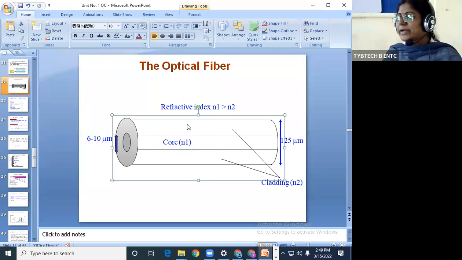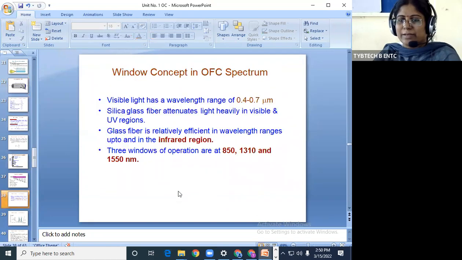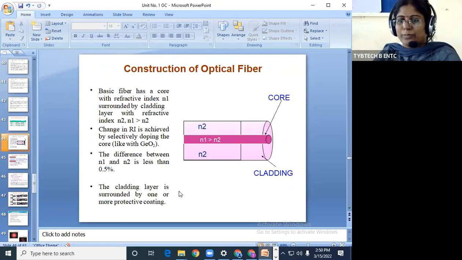In bracket you can write capital TIR. This question is also asked in the MCQ. What is the basic working principle of optical fiber? Total internal reflection. That means the light in the core, after being incident on the core cladding interface, does it enter the cladding? No. Where does it go back? It is reflected in the core itself. I will show you some next diagrams so that you will understand that point.